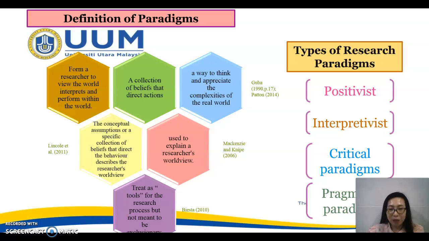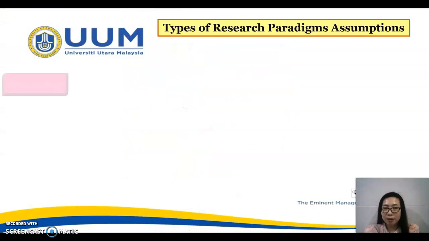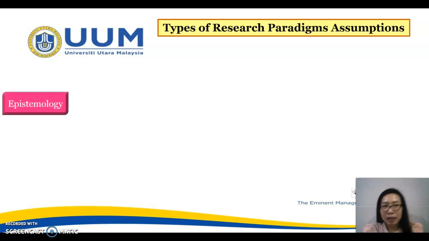Although there are different paradigms and worldviews that organize contemporary social science or educational study, they are fundamentally philosophical in essence and comprise the following components. Let's see what the components are. The first component is epistemology.